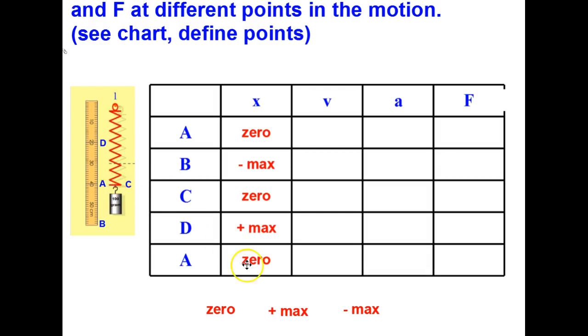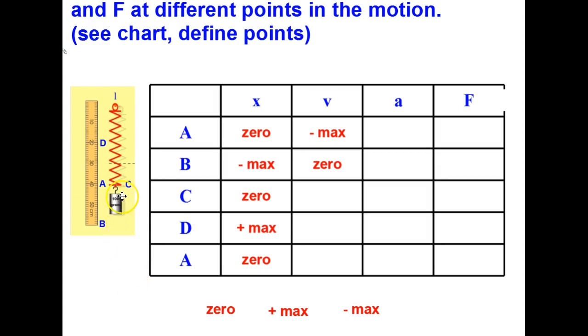For A, that value for velocity will be a negative max value. And the reason it's a negative max value is because the mass is on its way down, and down is the negative direction. As just discussed, at point B, the mass has to stop in order to change direction to go back up. So its velocity at point B is 0.